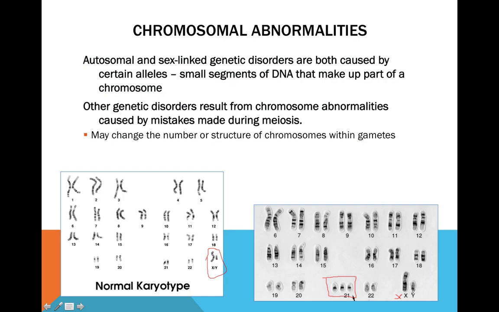This person is usually diagnosed with Klinefelter syndrome. Typically with this, it is a guy, but they also have female features. They may have less body hair, they may grow breasts, and they're typically infertile.